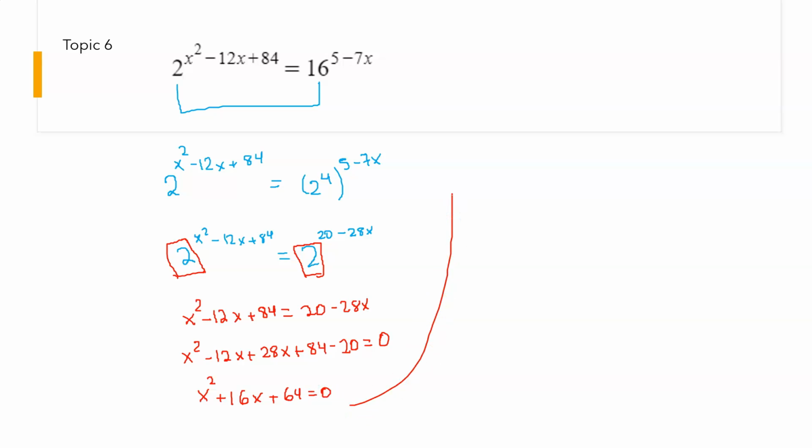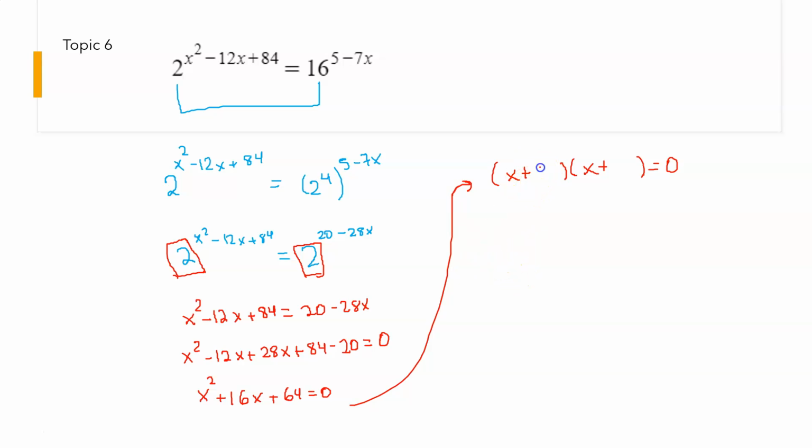And again, we have to solve this quadratic equation. I'm going to try factoring, because factoring is always the easiest way to solve a quadratic equation. If it cannot be factored, you can use any other option, like the general formula or completing the square.